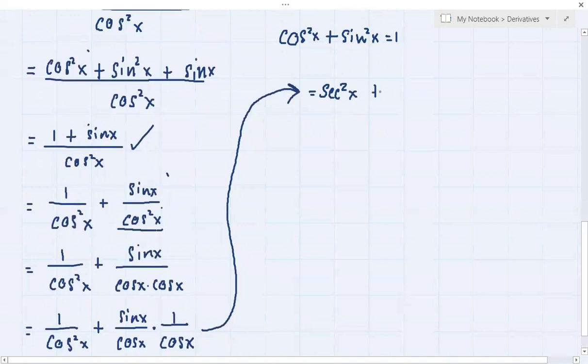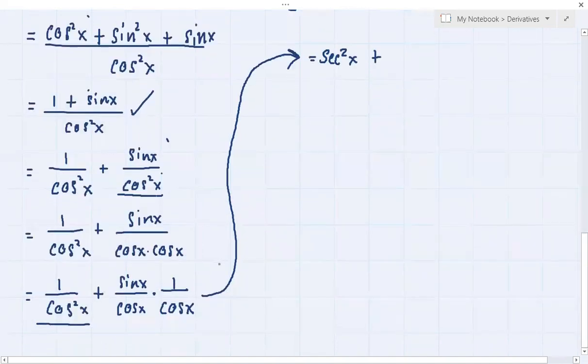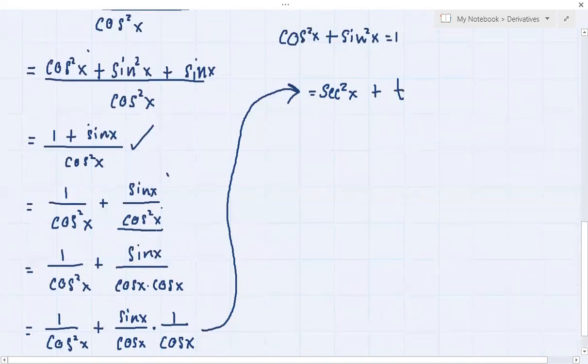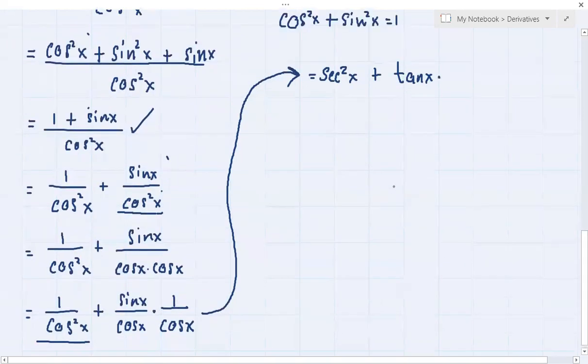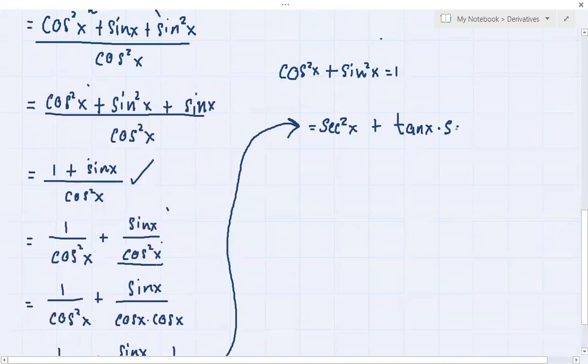Plus, here we have sine all over cosine x. Remember that sine all over cosine x is the same as tangent x. So we will have tangent x times 1 all over cosine x, which is the same as secant x. That's it.